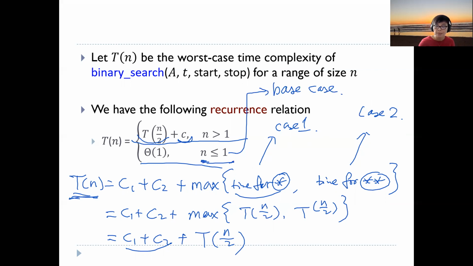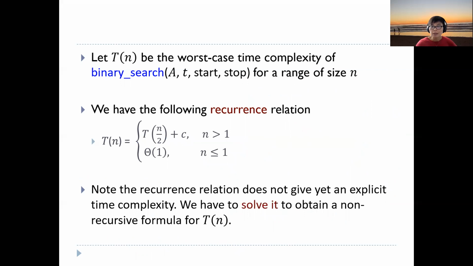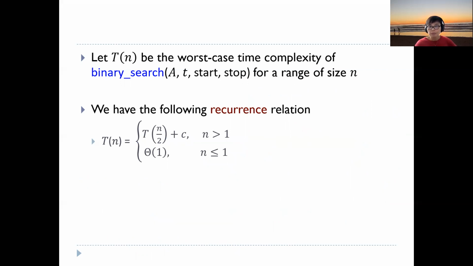Now, in general, note that this gives us a relation of how the time complexity function relates to itself, recursively. But this does not yet give us the time complexity.